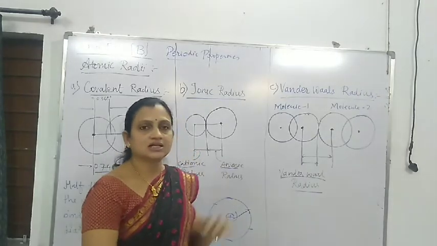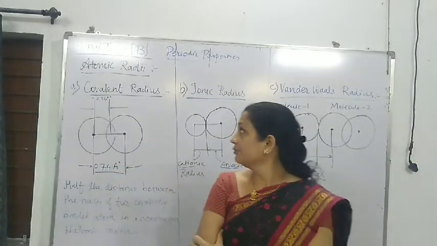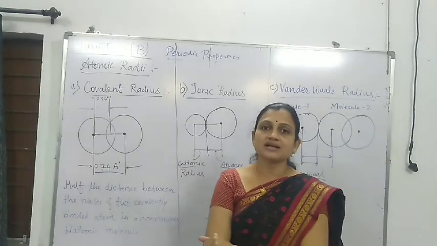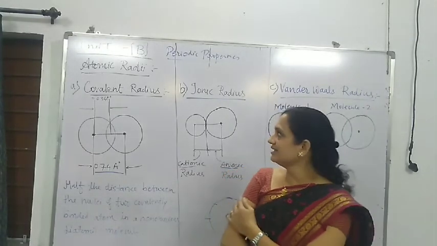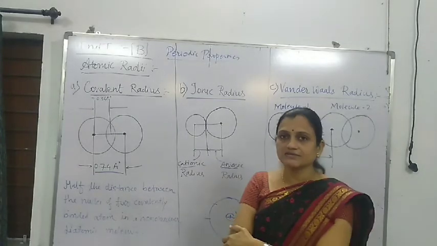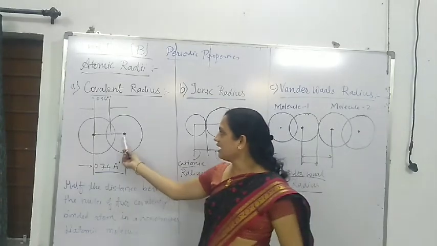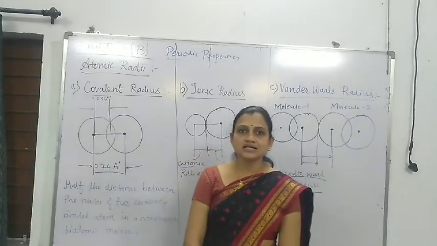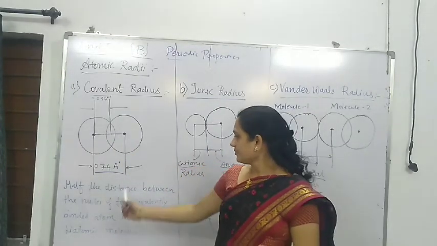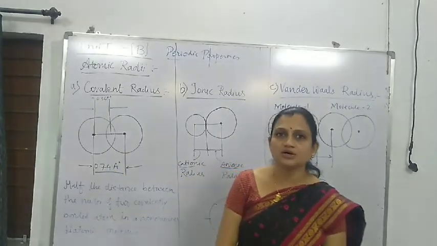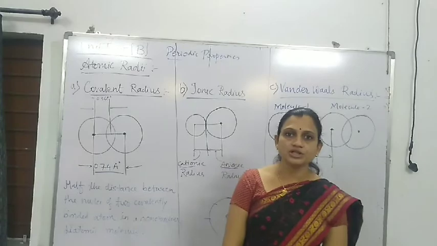So this is about the atomic radius, in which three terms are there: covalent radius, ionic radius and van der Waals radius. Covalent radius is nothing but half the distance from the center of the nuclei of the two covalently bonded atoms in a homonuclear diatomic molecule.